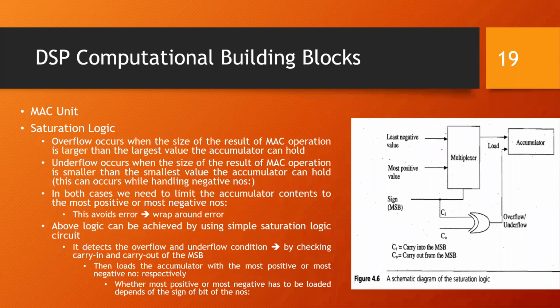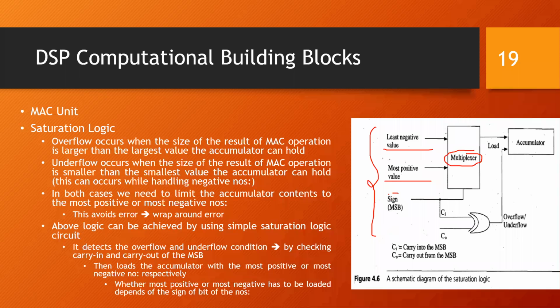Now in order to do that, we have to put some logic in the hardware in order to detect this saturation and try to load the accumulator with either the highest possible value or the lowest possible value. We'll keep track of these things. You will be providing a multiplexer for this.